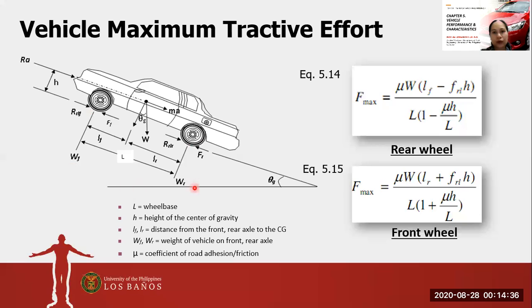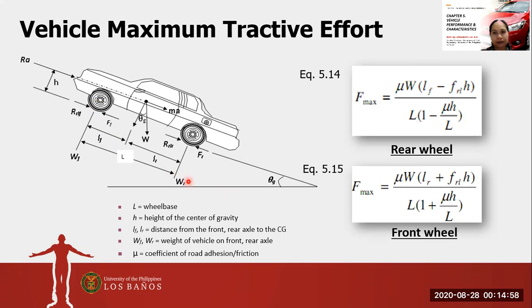The same thing: when we take the summation of forces at this point, we can get the value of the normal force, the weight of the vehicle at the rear wheel.